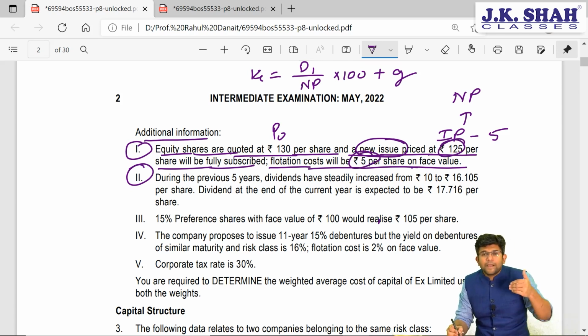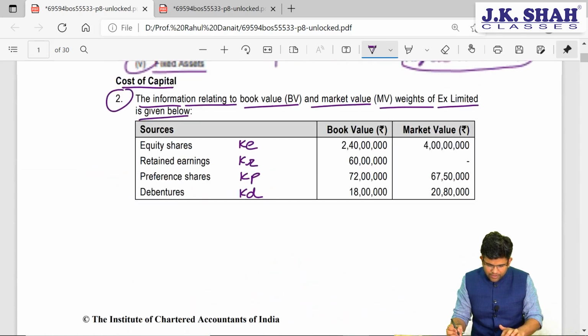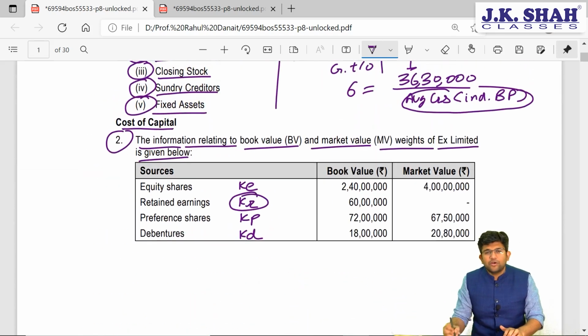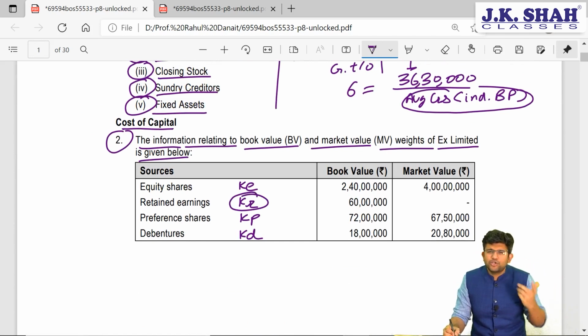But then what ICAI says is that this KE that you get, you cannot then assume that KE to be KR, because children, for the reserves, the cost of the reserves should not include flotation cost, right? Flotation cost should be there only for the purpose of calculating the cost of the new equity.